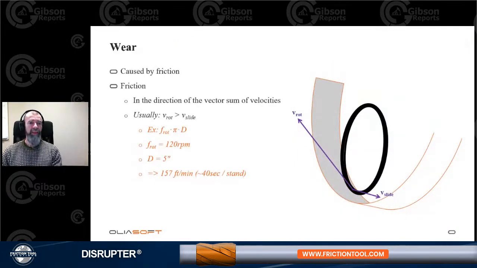So wear, it's pure and simple, it's caused by friction, right? If you had a perfect lubricant, there wouldn't be any wear. Or alternatively, if you had a standoff device with some friction reduction tooling on it, ball bearings or rod bearings or something, then of course the friction gets reduced, and that also reduces the wear on the casing.